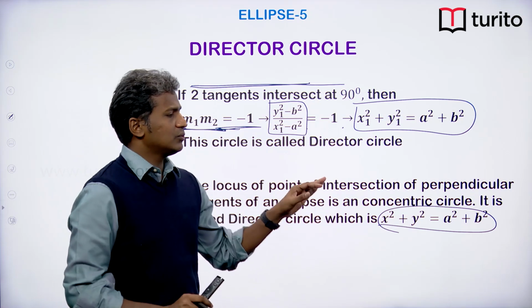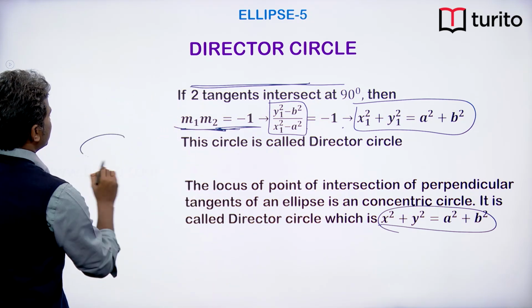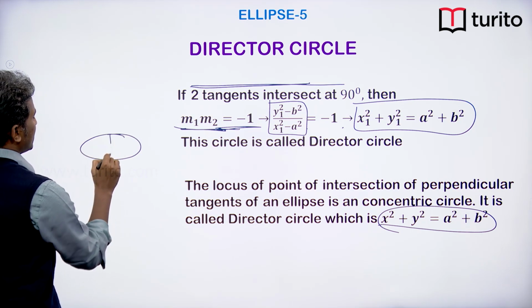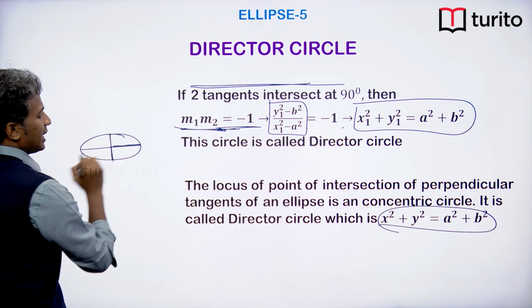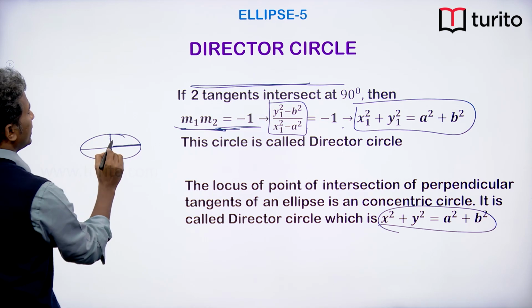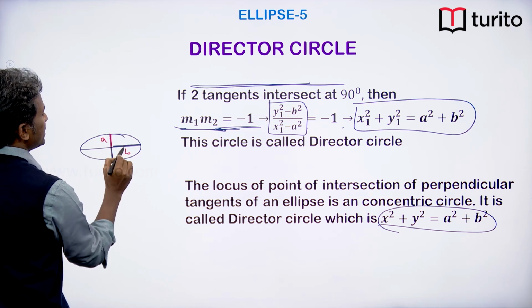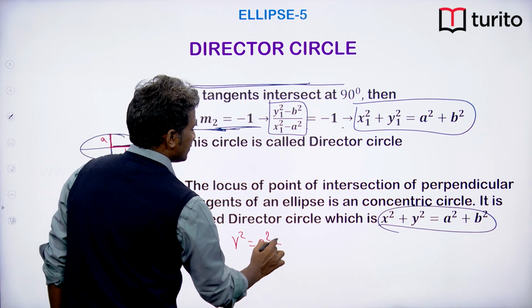Now, let us try to use our observations here. Suppose there is an ellipse. Okay. Now, this has semi-minor axis as B and semi-major axis as A. Now, what is the radius? How is the radius behaving? If this is A, this is B, what is the radius here? R square is equal to A square plus B square.